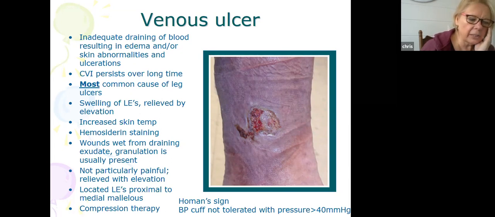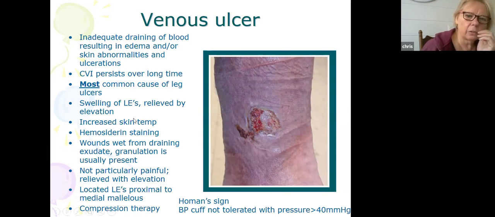Homans is actually done for DVTs, I'm sorry. So if we're talking about venous ulcers and possible DVTs, we could do a Homans. Did we mention that last year? I don't remember. A Homans is when the leg is out straight, the person is supine, and the therapist passively flexes the foot, puts the foot into dorsiflexion, and sees if the person will have pain in the calf.